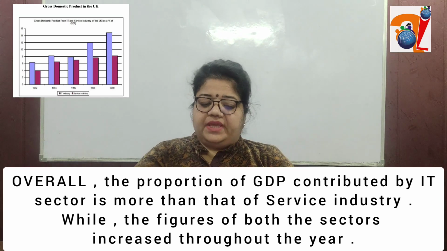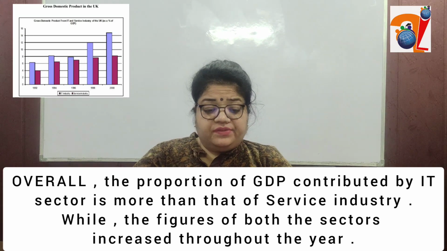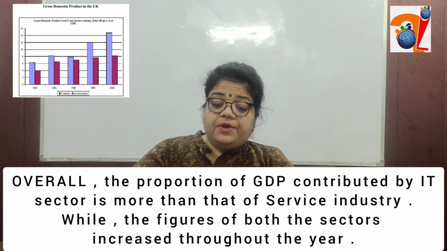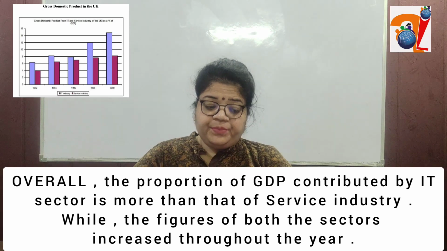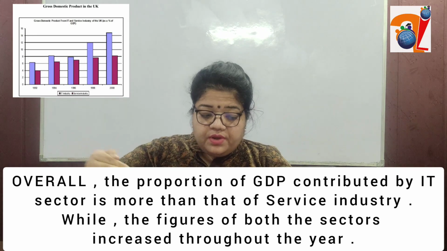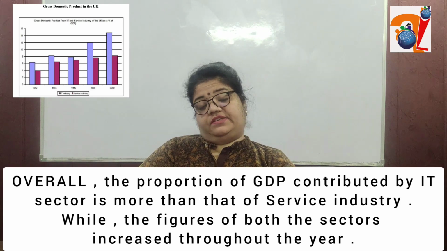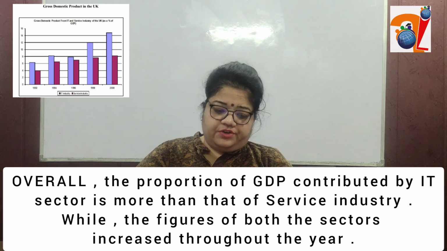Please take a look. See, in every year the contribution of IT sector is more in comparison to the service sector. So can we make a comparative sentence here? The proportion of GDP contributed by IT sector is more than that of service sector. We have used that of, it means the percentage or the share.